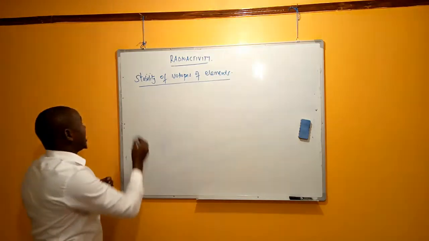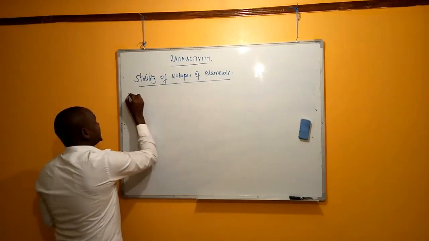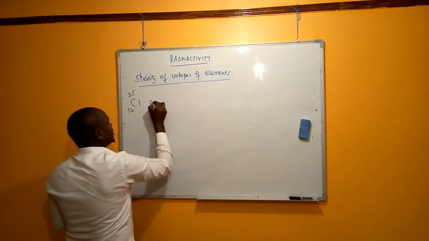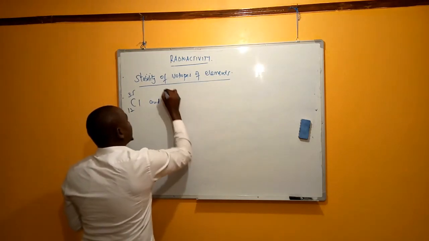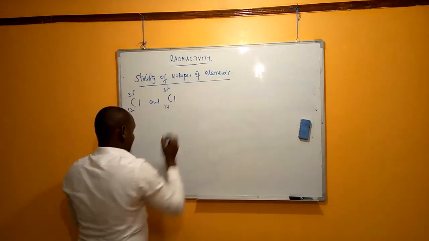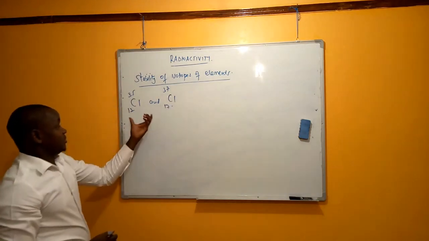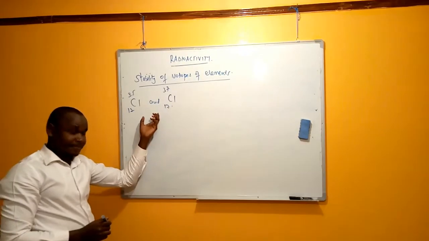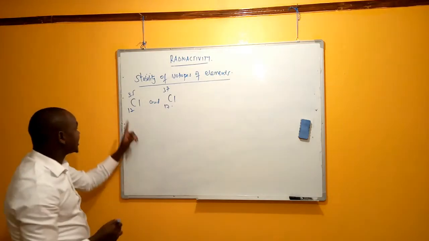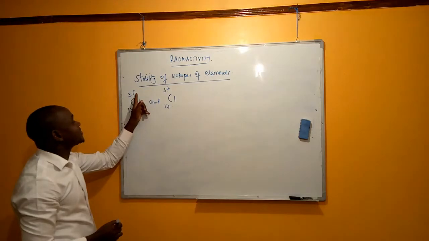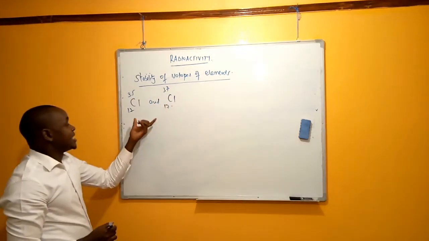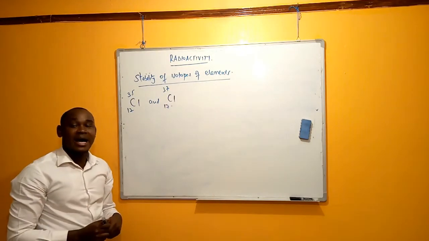You have seen this in chlorine-35 with atomic number 17, and chlorine-37 with atomic number 17. So this is an element called chlorine. These are two nuclides with the same atomic number but different mass numbers. These types of nuclides are called isotopes.